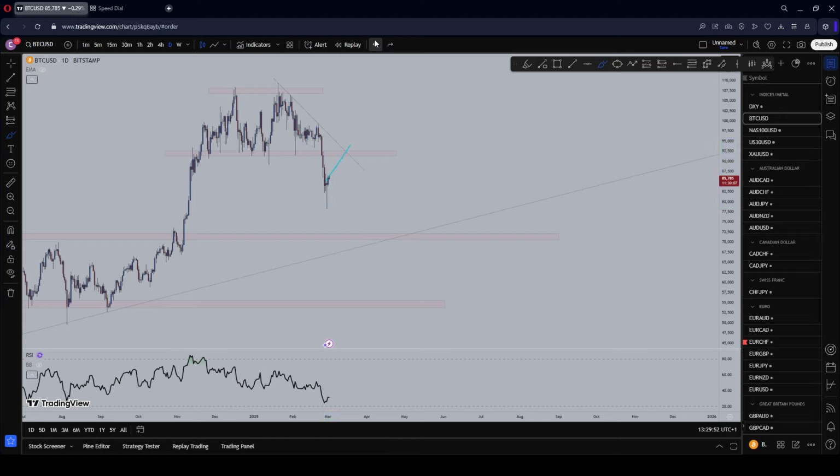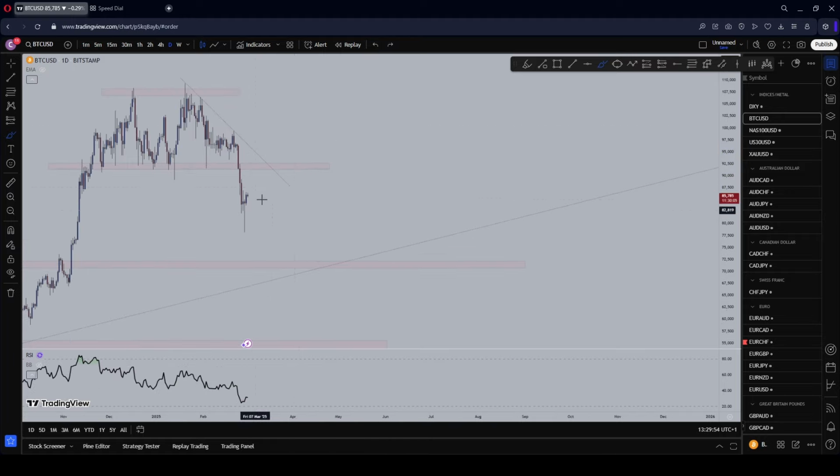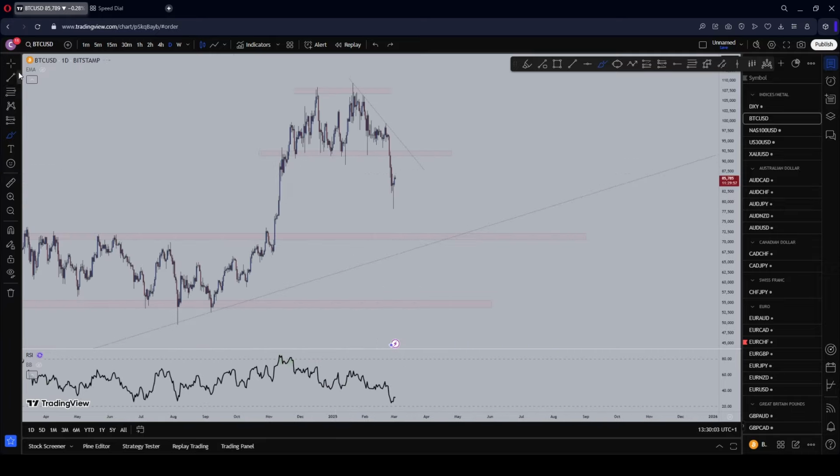But if not, if the structure becomes a bit messy going up and it forms a different daily time frame structure, then look for it to change on the 4 hour first before you begin to take any trade.